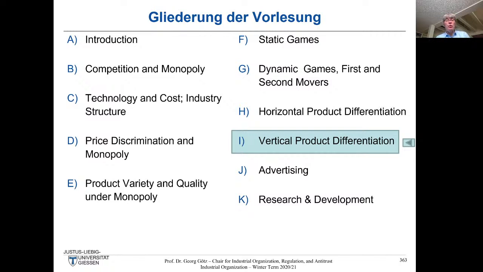We want to introduce competition between two firms in a duopoly, but now these firms can choose whether they produce a high or a low quality. And the question will again be, will they choose the same qualities? Will they choose different qualities, and so on? That's what we are going to do now.